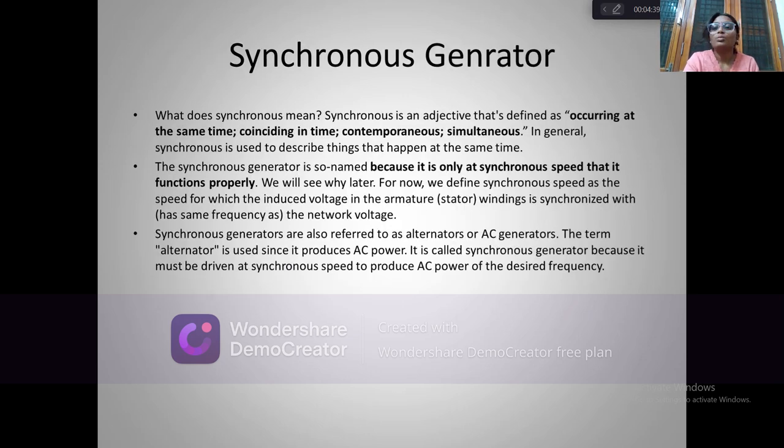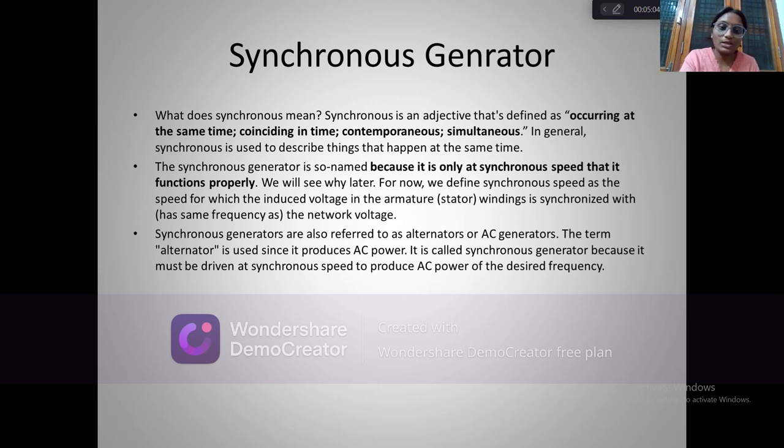And what does synchronous mean? Synchronous is an adjective defined as occurring at the same time or simultaneously. In general, synchronous is used to describe things that happen at the same time. The synchronous generator is so named because it is only at synchronous speed that it functions properly.